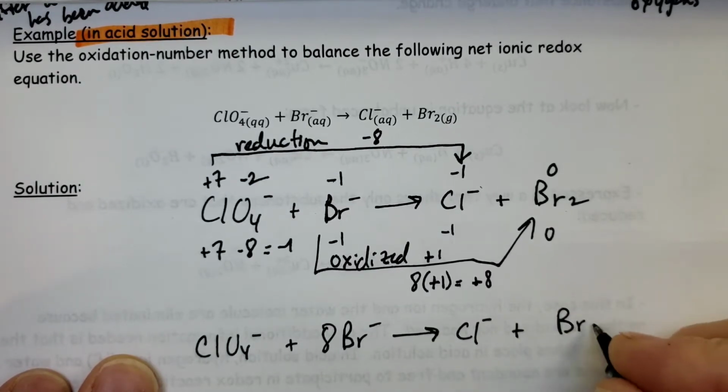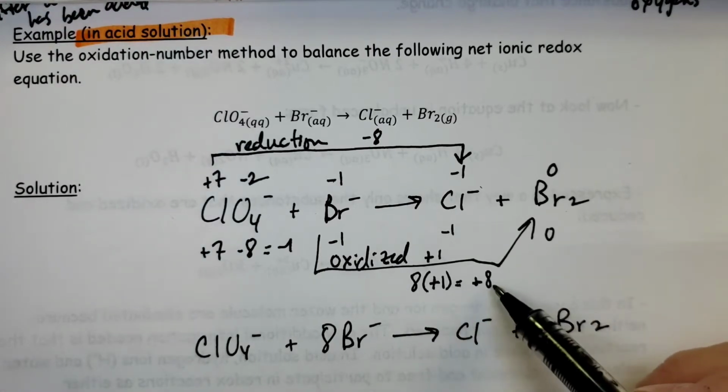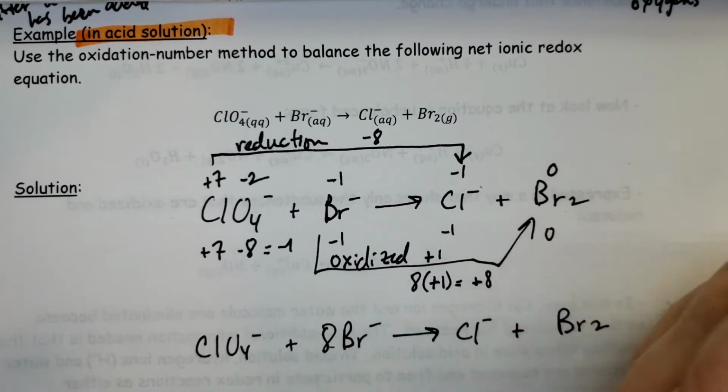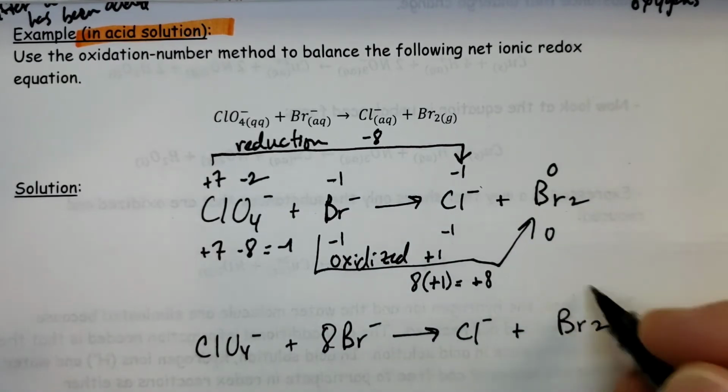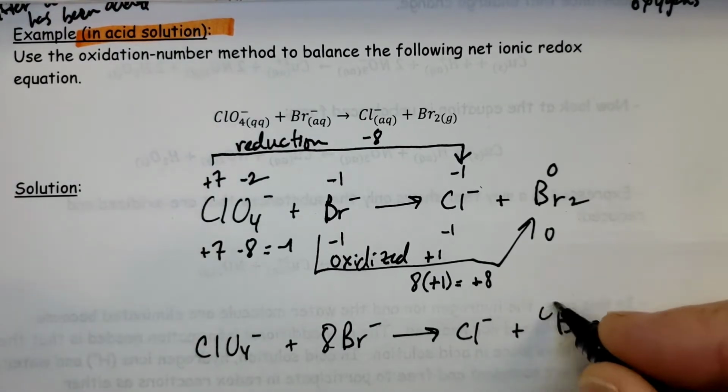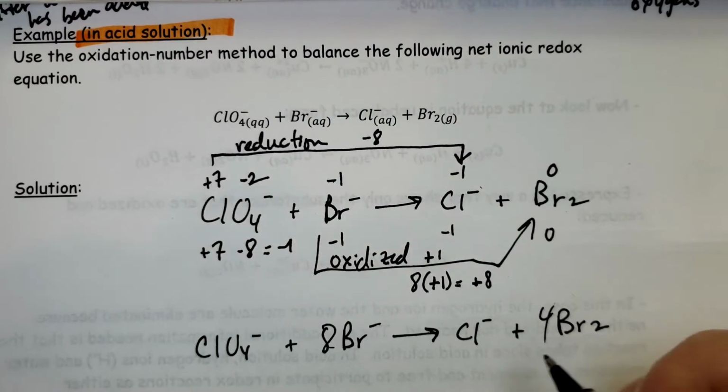Now, to get 8 over here, this means that I need to have 8 bromines. So if I have 1 bromine, to make 8, I put an 8 in front. Now what can I do over here to make 8 bromines? Each of these has 2 bromines, so of course that requires a 4 there. So 8 bromines, 8 bromines.